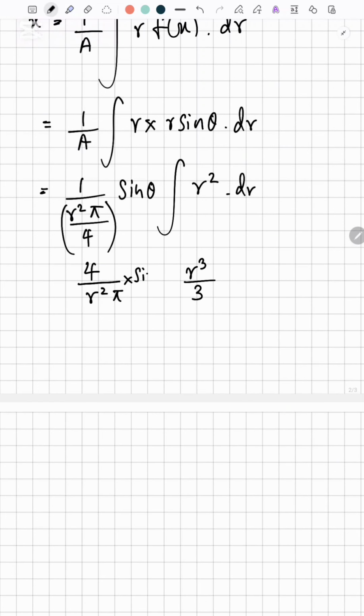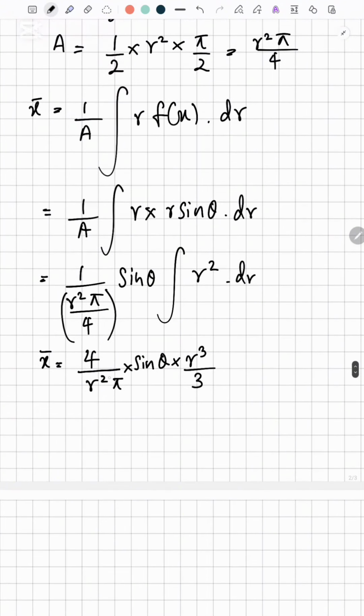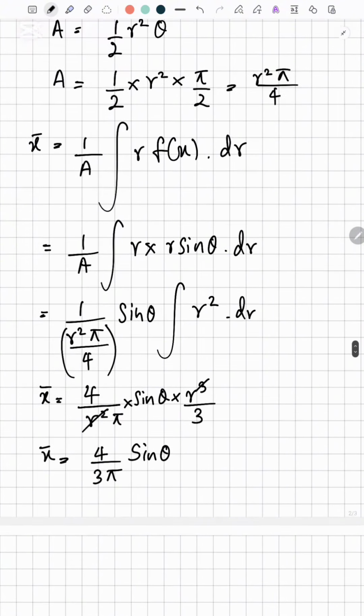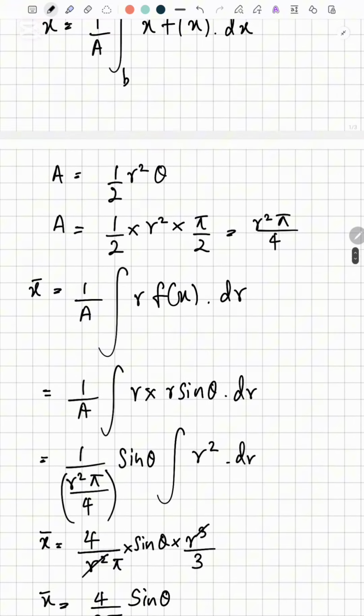Let me just write it again properly. Okay, so this is your center of mass. You can cancel this off and you get 4 over 3 pi sine theta, right? So now we know the angle, and we have a range.